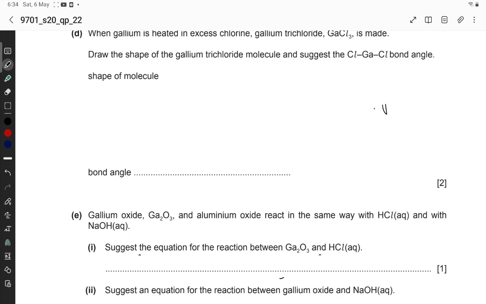Next question: when gallium is heated in excess chlorine, gallium trichloride is made. Draw the shape of gallium trichloride. Gallium is present in group 13.